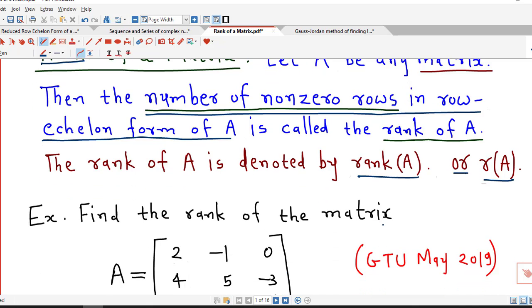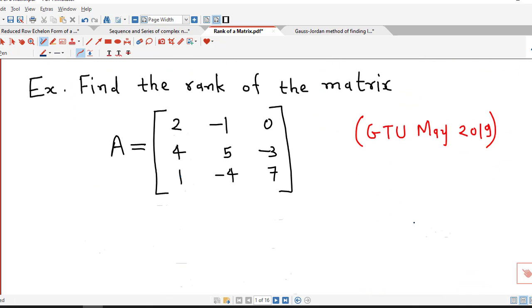With this in mind, we find the rank of this matrix. To do so, we have to convert this matrix into row echelon form. We start with the first non-zero entry of the first row. The two entries below it must be 0.